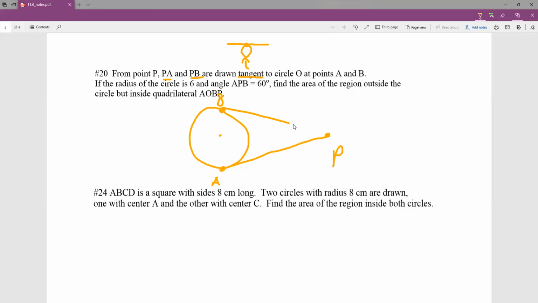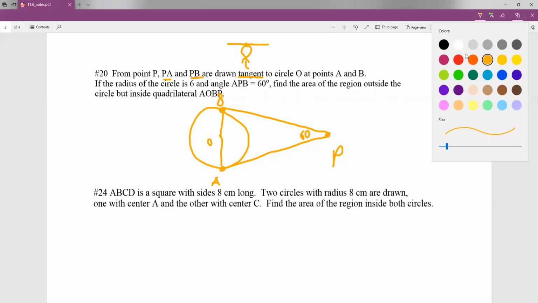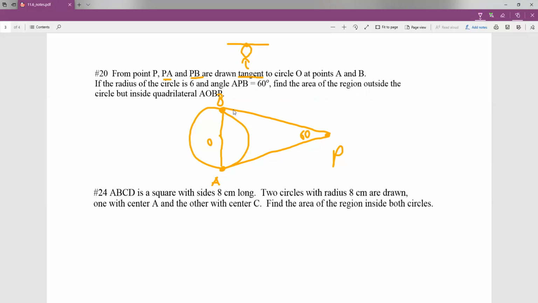If the radius of the circle is 6 and angle APB is 60, so this is 60 here, find the area of the region outside the circle but inside the quadrilateral. This is point O. A, O, B, P. Okay, so they want you guys to find this area right here.